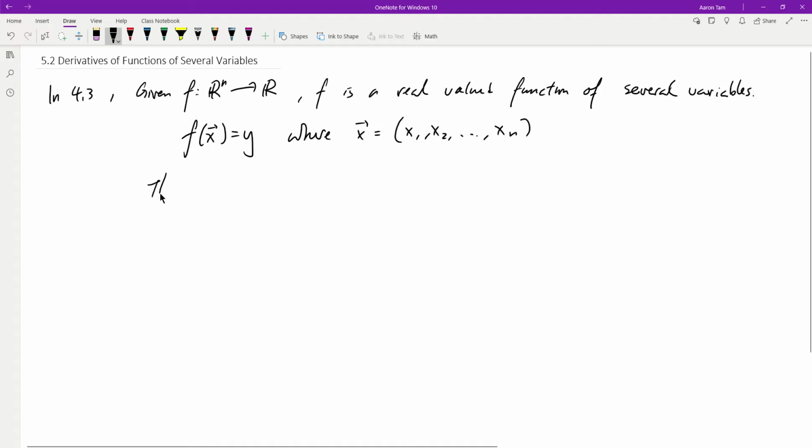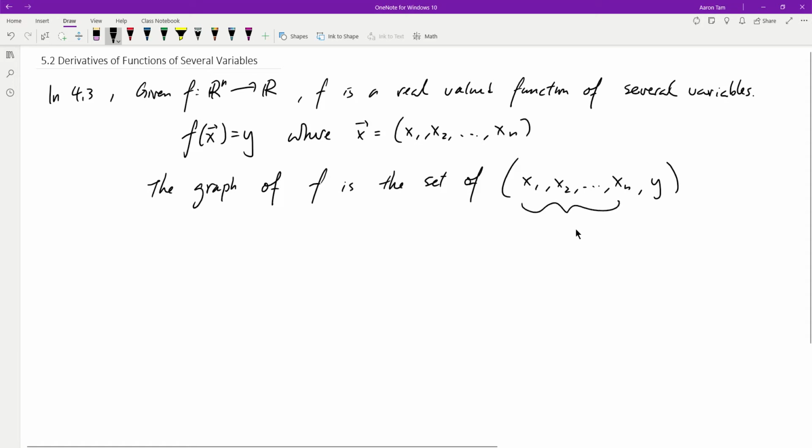And we learned that the graph of f is basically the set of points that look like this: x1, x2, to xn, and then we put in the y variable together. Because of that, these are the independent variables. There are n of them. And then you have one extra dependent variable, and that combined together forms the graph.